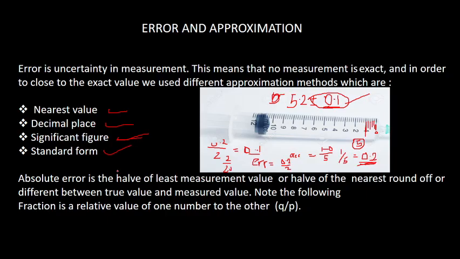Now, we see that there is error. And because of the error, we discuss the concept of accuracy, which is equal to what? The value of each stroke on any calibrated instrument for measurements. And we say that the error is equal to what? Half of the value of that accuracy.